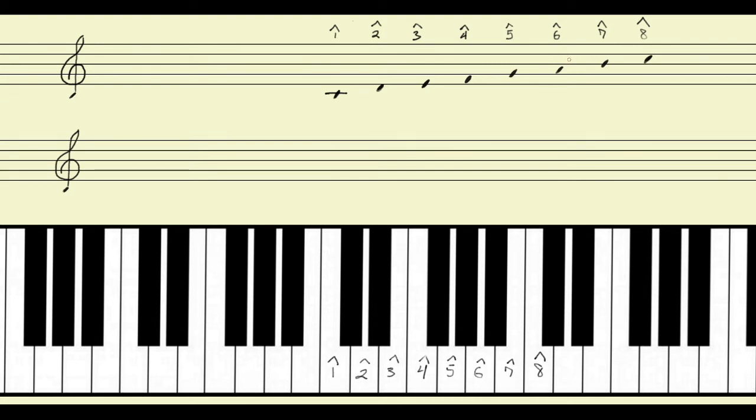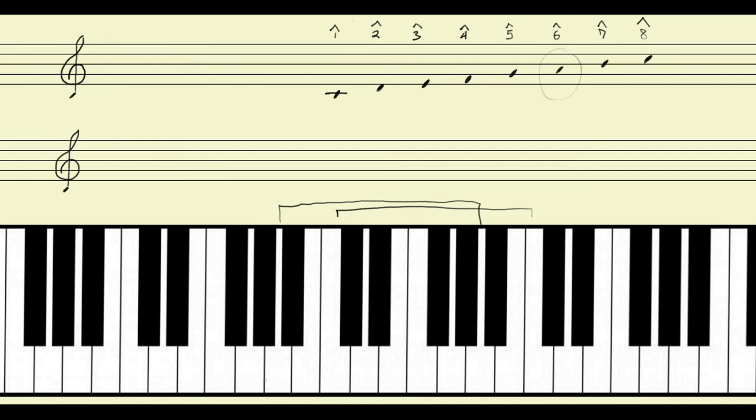Well, scale degree 6 in the key of C major is A. So what if we were to shift our focus from, instead of going from C to C, we're going to just shift down, and we're going to go from A to A. And let me erase these scale degrees. And again, we're just going to go right up the white keys of the keyboard because we want to keep that same collection of notes that we made with C major.